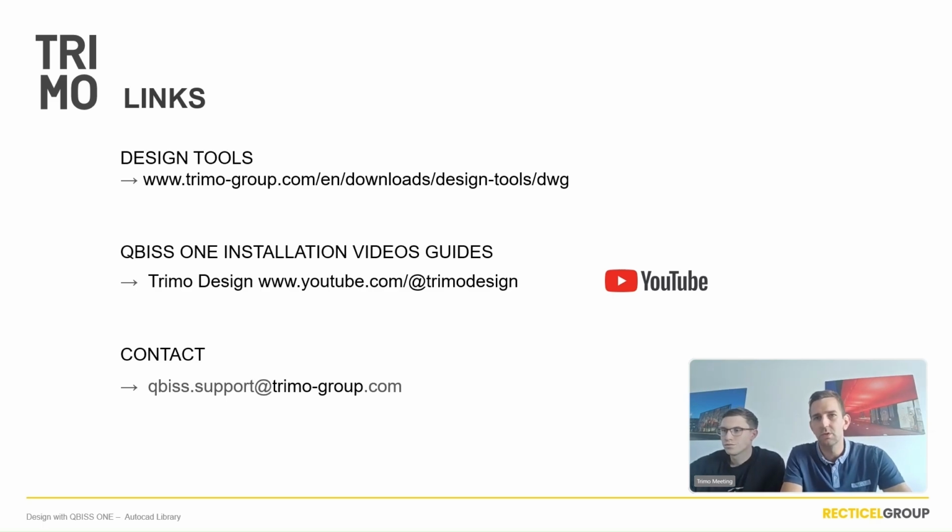Just make sure you select the English language. If you need any other documents, you can contact us. And make sure you visit our YouTube channel, where you can learn also a lot more things. And also a recording of this webinar will be uploaded to that channel.